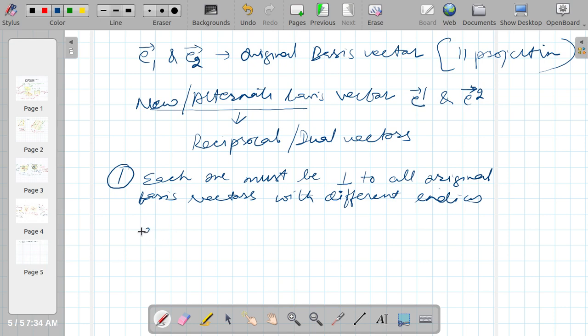That means this E1 must be perpendicular to E2, and E2 must be perpendicular to E1, as I see from here.